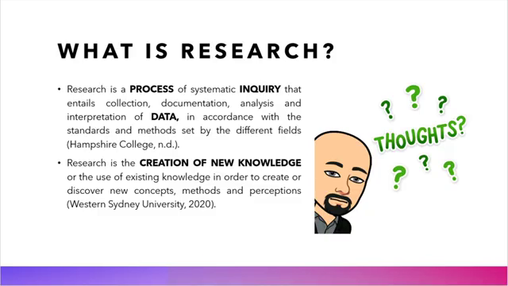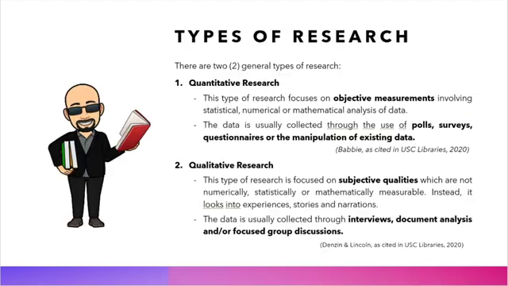So to specify, research is such a broad term, and there are different types of research. There are actually two general types. These are the general types that we commonly apply and observe in the academe, in schools.